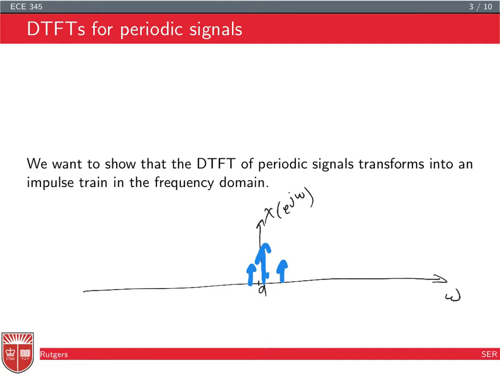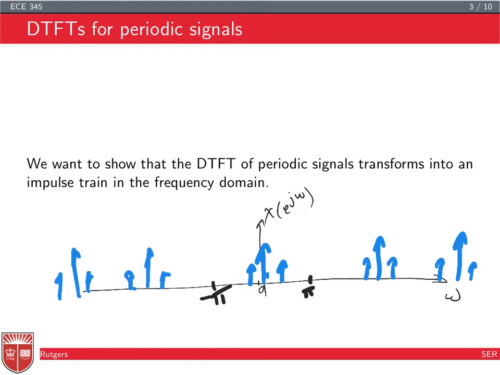So if this is, for example, plus π, and this is negative π, and so on and so forth, what you would have is this pulse repeated. You would have also the same shape here, repeated here and repeated here, so every 2π, and also here. So it looks like an impulse train.